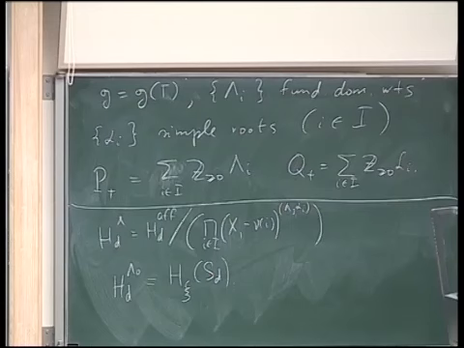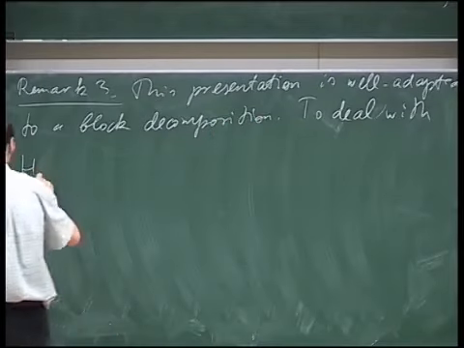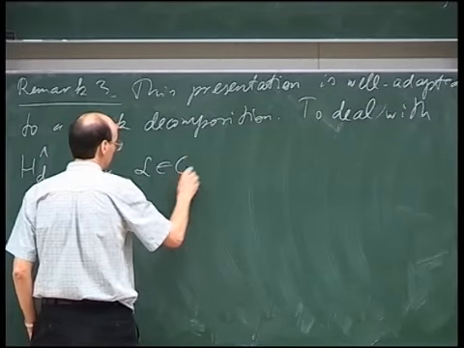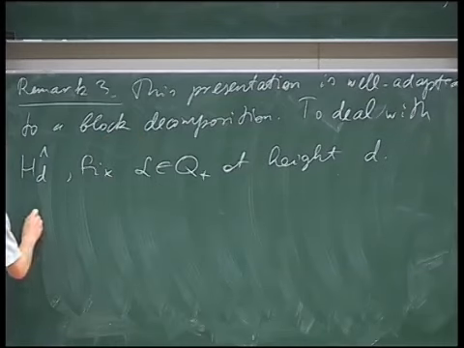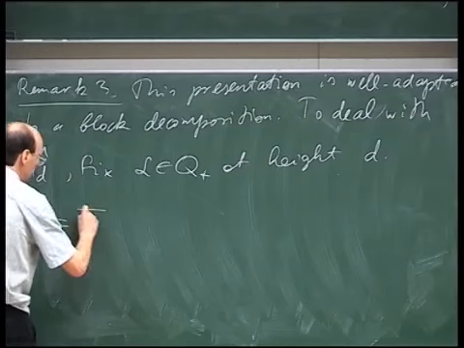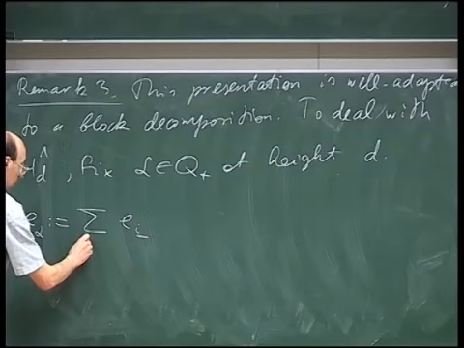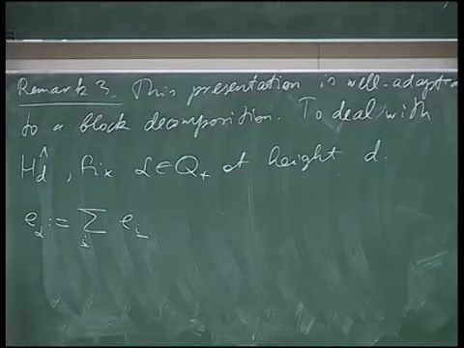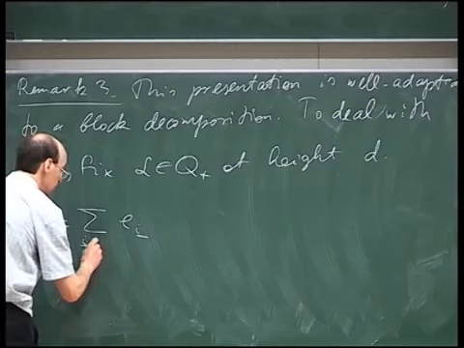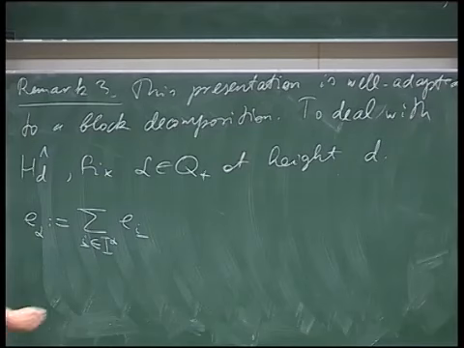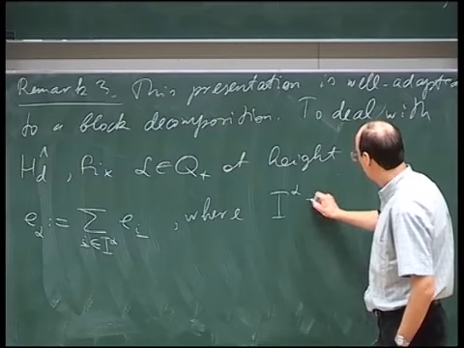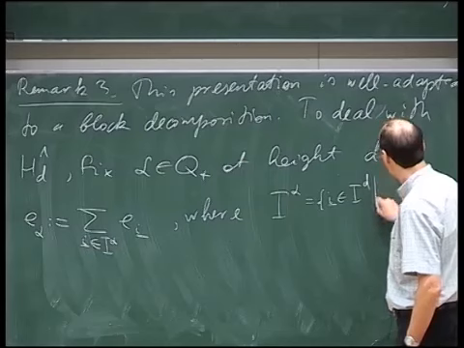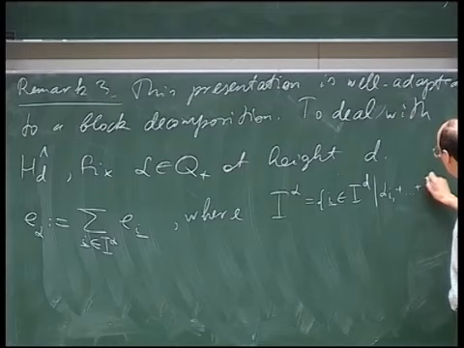Now let's define an idempotent e_α to be the sum of all idempotents e_i, where i runs not through all d-tuples, but through the set of d-tuples which I want to denote I^α, where I^α is the set of all d-tuples such that α_{i_1} + ... + α_{i_d} is equal to my fixed α.